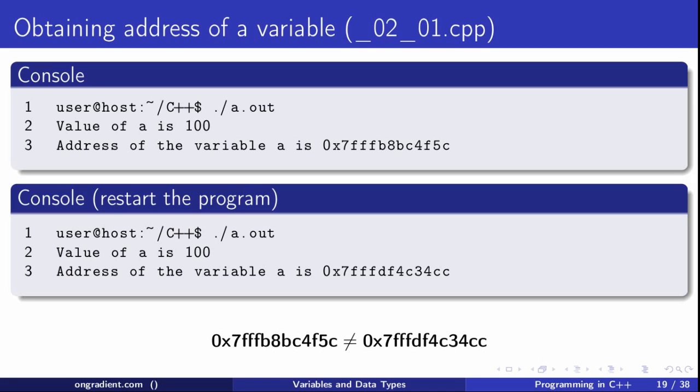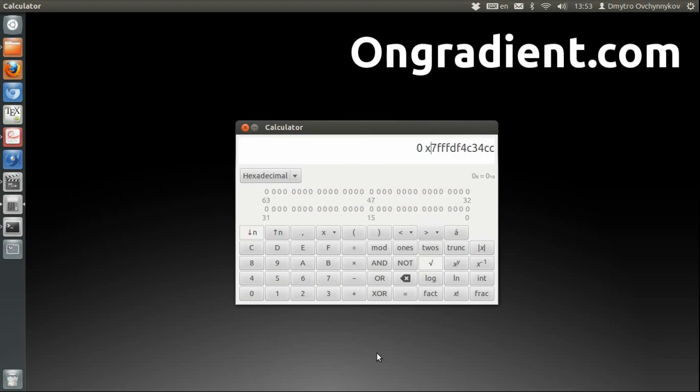When we restart the program, it creates new variables and allocates new parts of the computer's memory for these new variables. That is why the variables' addresses in the computer memory are different. Convert the hexadecimal address of a variable to a decimal number using a calculator.